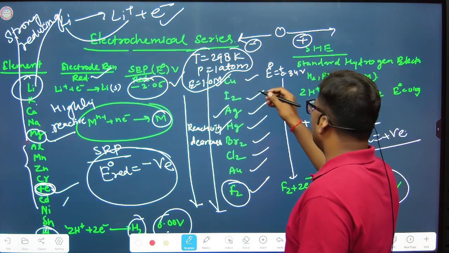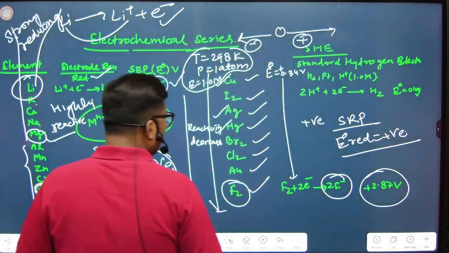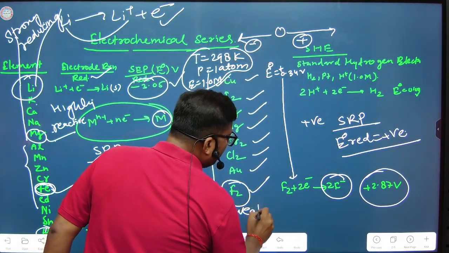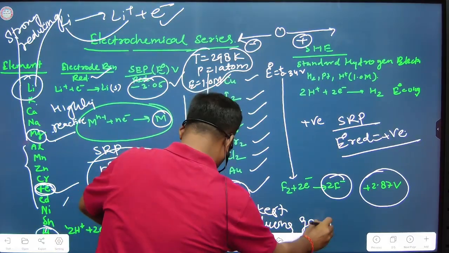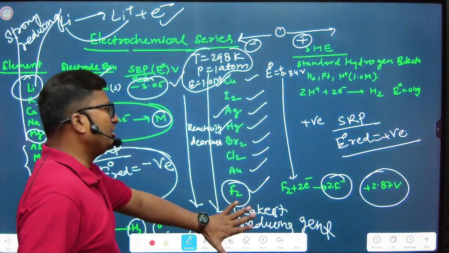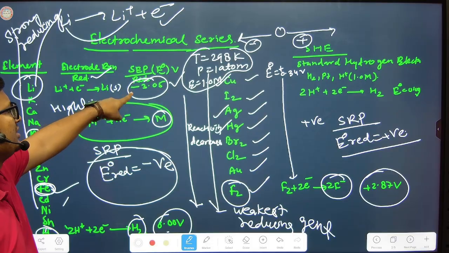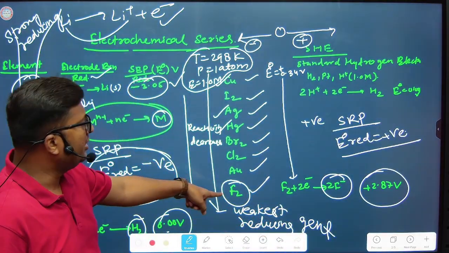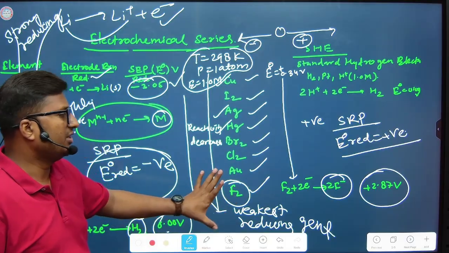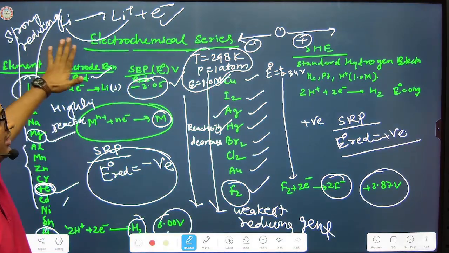So they are weak reducing agents, and the weakest reducing agent is fluorine. The strong reducing agent is lithium, because of the highest negative standard reduction potential, and fluorine has the highest positive standard reduction potential. So that is why it is the weakest reducing agent. Clear? So reducing power decreases from lithium to fluorine.